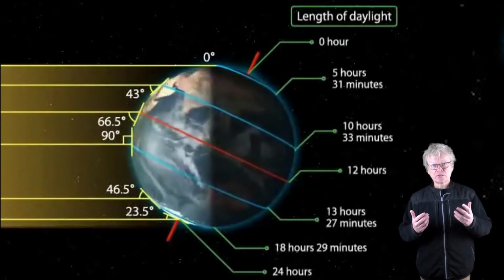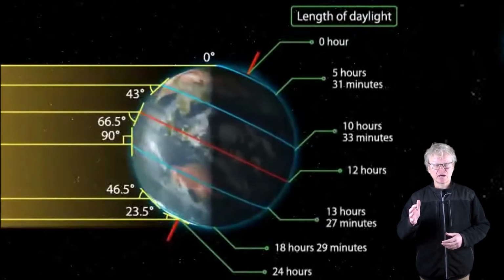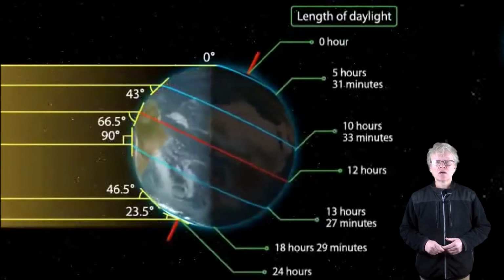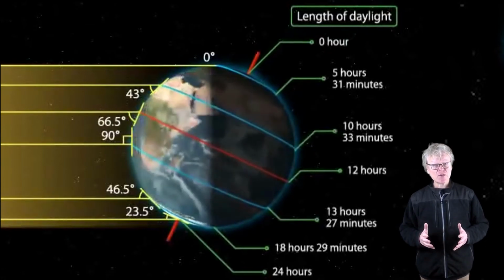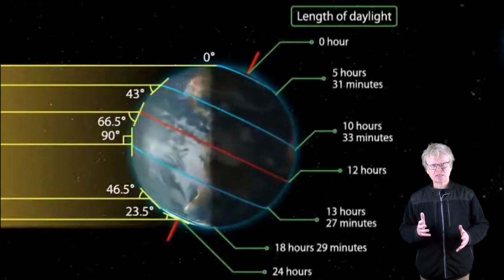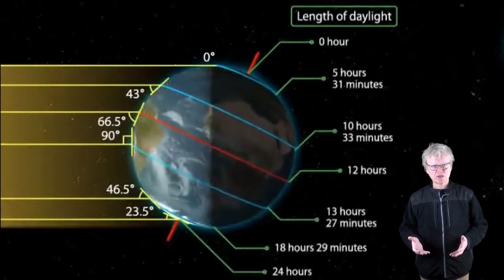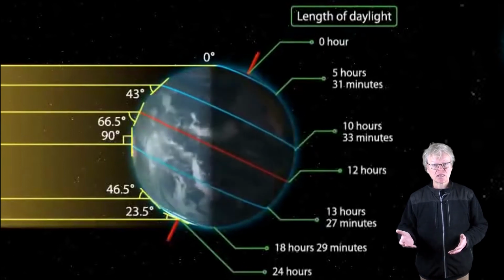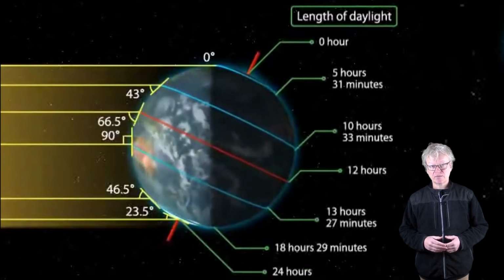And then everywhere in between will get progressively less or more sunlight hours as you move away from the poles. The other thing that happens is that it changes the angle of the sun. So in summer, the southern hemisphere, the sun is more perpendicular than in the northern hemisphere.